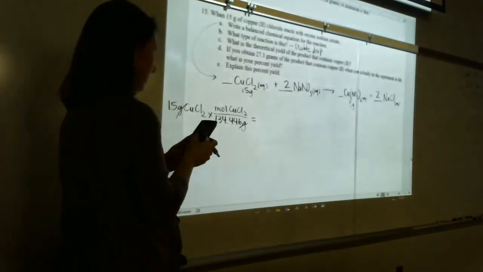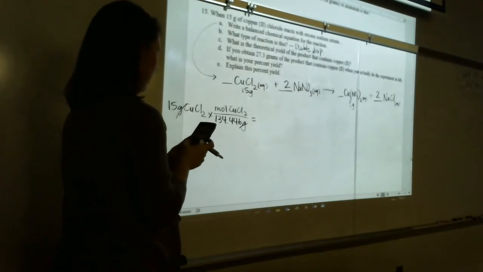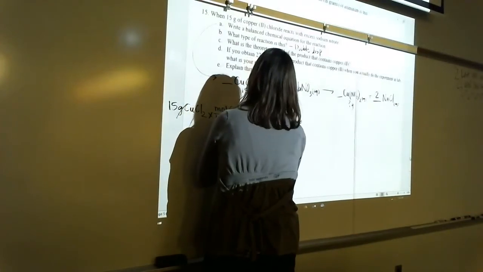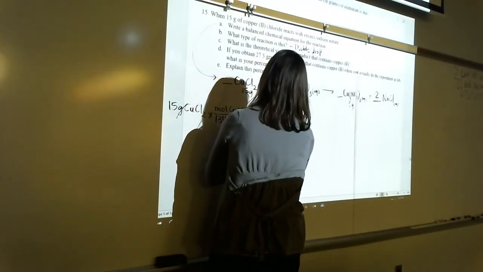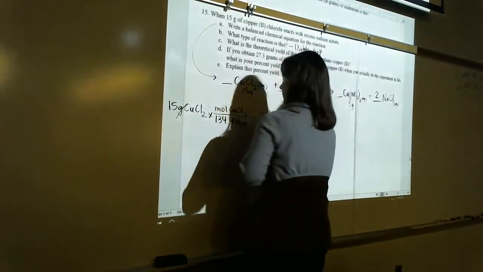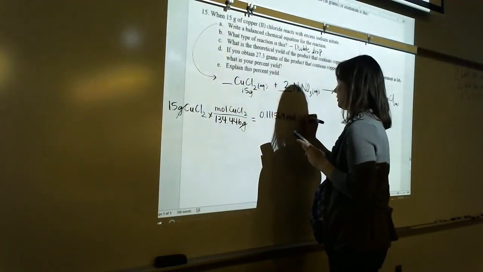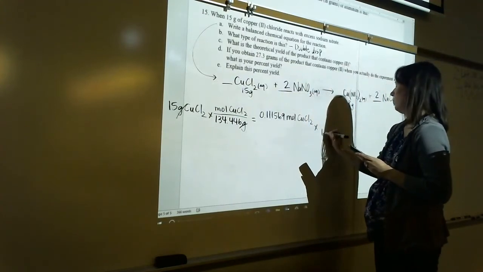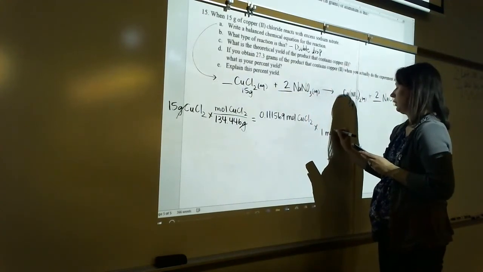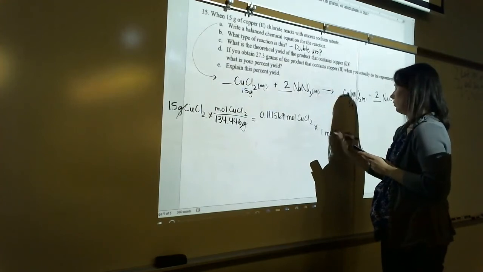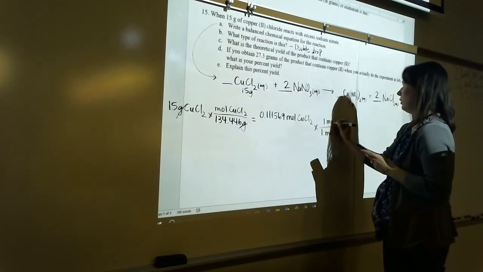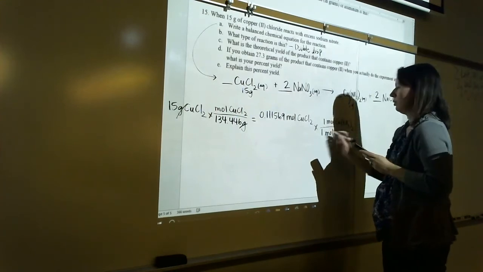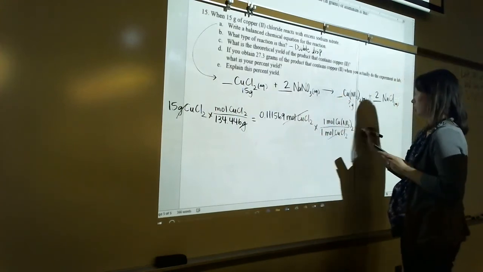So 15 divided by 134.446 gives me 0.111569 moles CuCl2. Mole ratio is 1 to 1, right? 1 mole CuCl2 for every 1 mole Cu(NO3)2. So my number doesn't change, just my units.